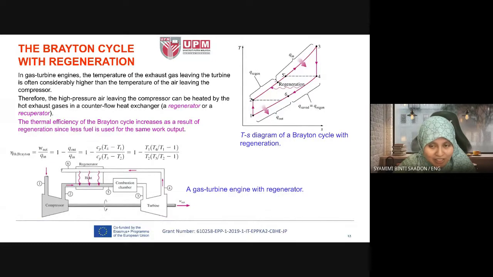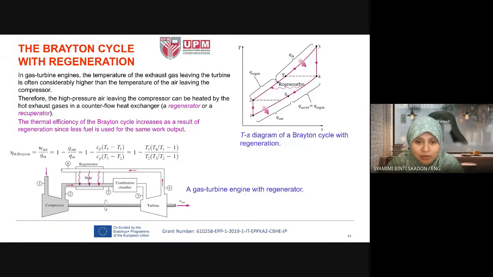So therefore, the high pressure air leaving the compressor, after the 1 to 2 compression process, can be heated by the hot exhaust gas in a counterflow heat exchanger, which is what we call a regenerator or recuperator, because it recuperates the heat.